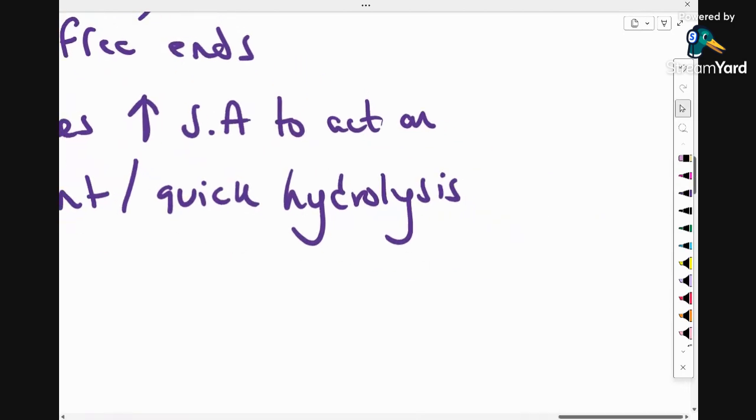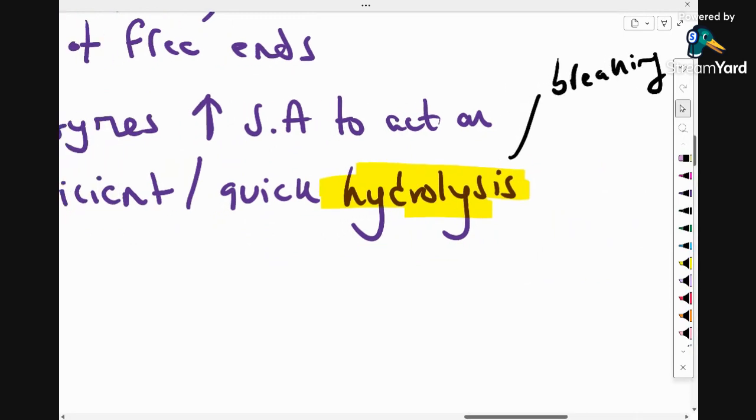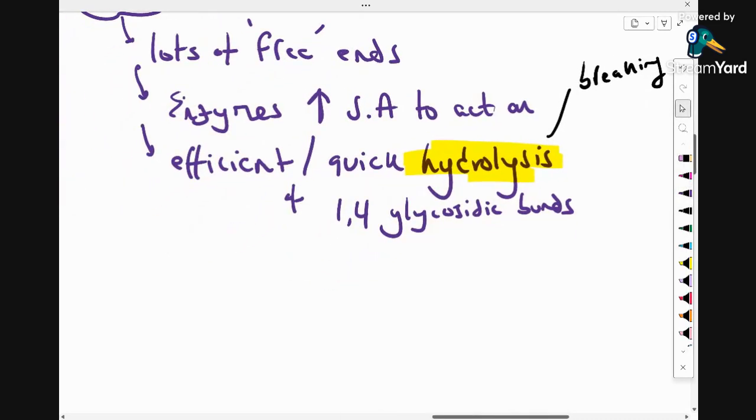which we'll get to later. Hydrolysis is a posh word for break. It's the opposite of condensation, right? Breaking, essentially, of your 1,4 glycosidic bonds. This can happen simultaneously.